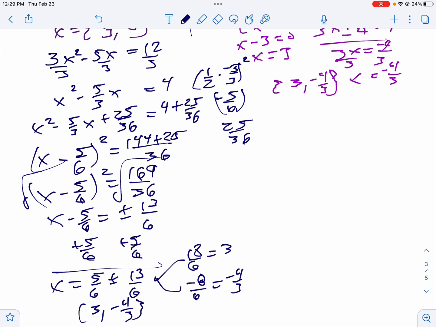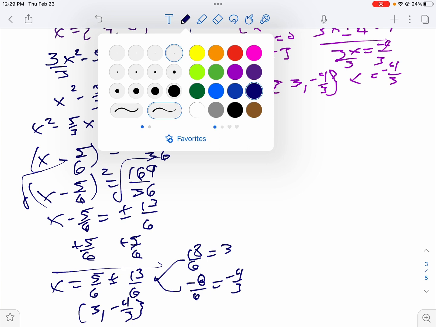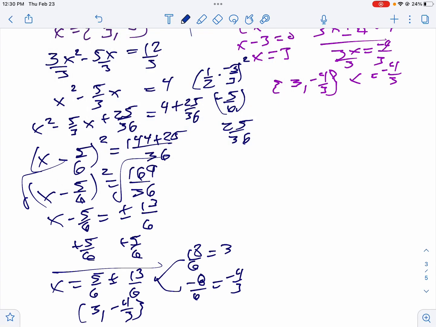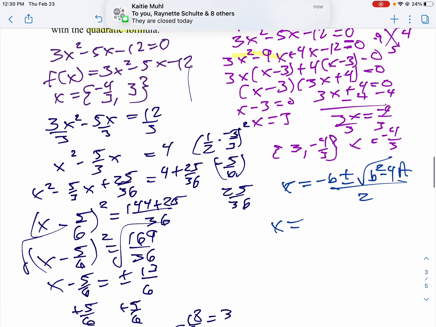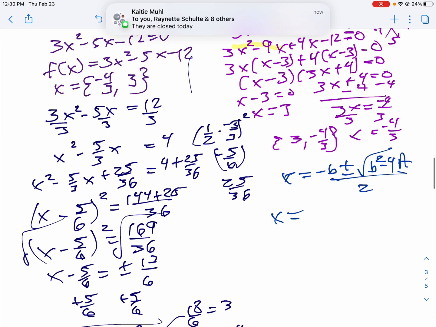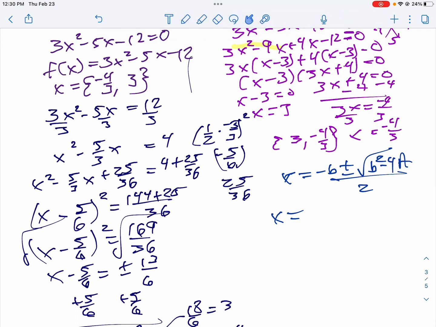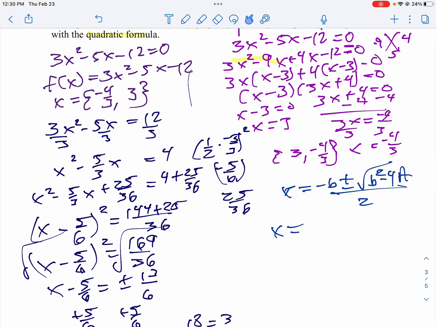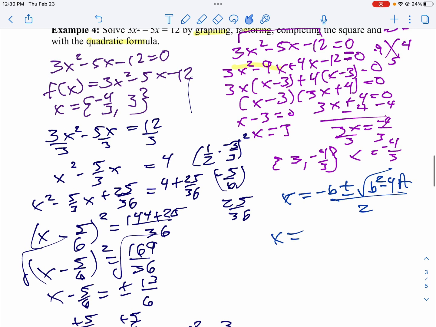Finally, let's do it by, I'm not completing the square, but using the quadratic formula. So x equals negative b plus or minus the square root of b squared minus 4ac, all over 2a. In this case, a would be 3, and b would be negative 5, so negative b is 5, because I'm looking up here.